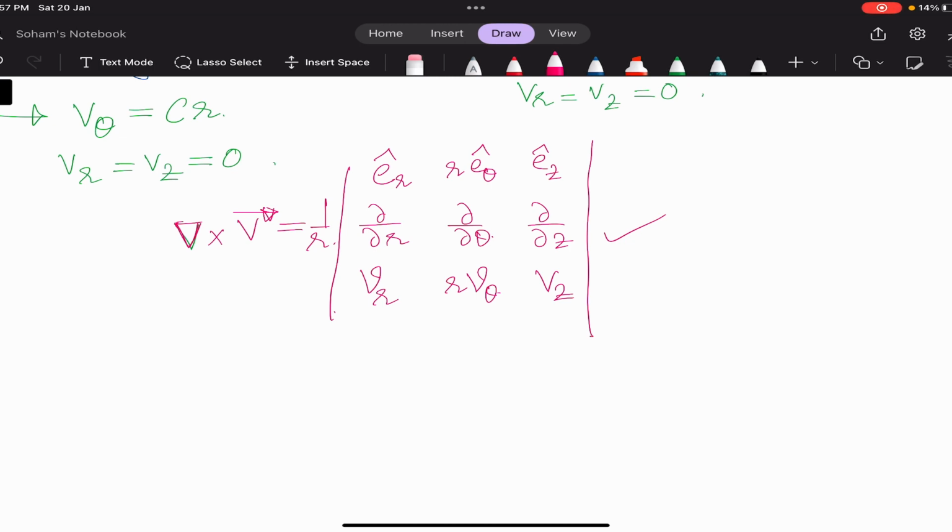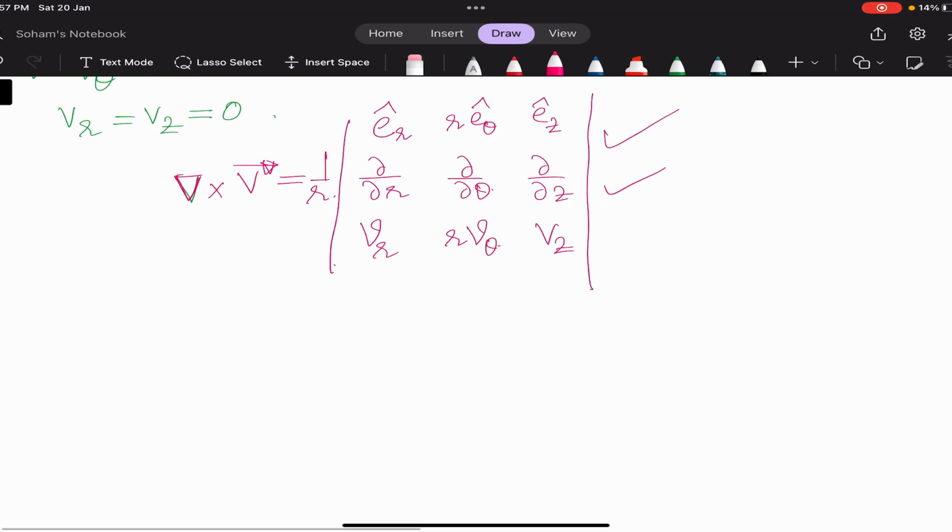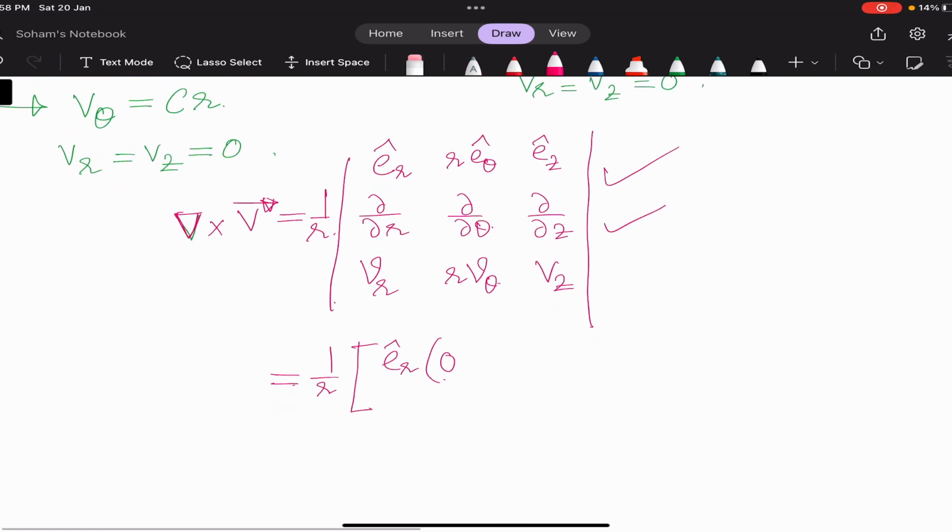So now you can check this expression of nabla from the internet. Now let us proceed. This will be 1 by r e_r into del v_z del theta, which is anyway 0 because v_z is 0. Now r into v_theta del del z: neither r nor v_theta are functions of z, so again 0.